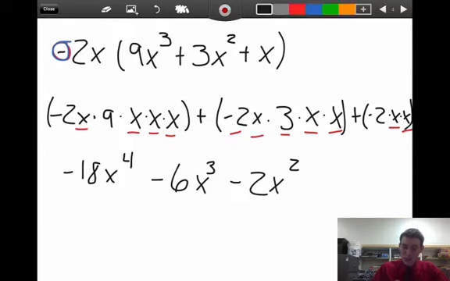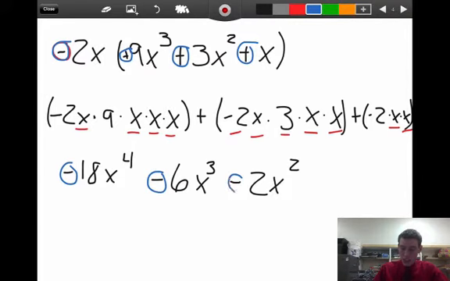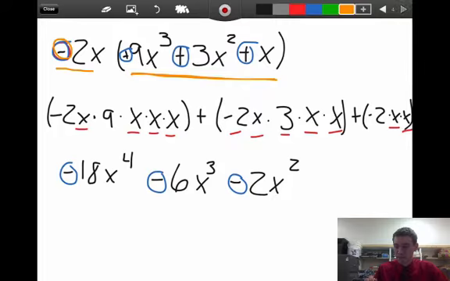All of these were positive. And in our final answer, all of them, when multiplied by the negative, became negative. So make sure when we're multiplying monomials times polynomials, if there's a negative sign out front, that we have to change the signs of everything on the inside when we multiply it.